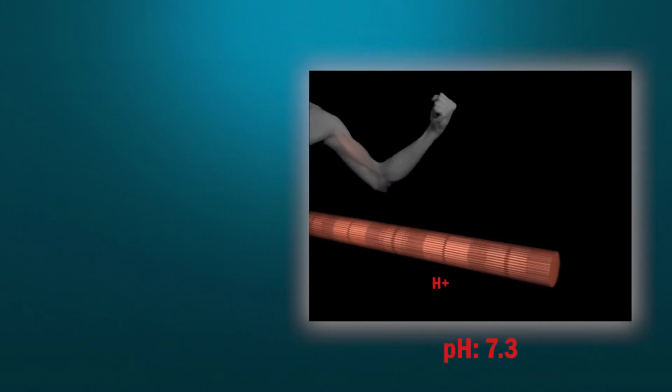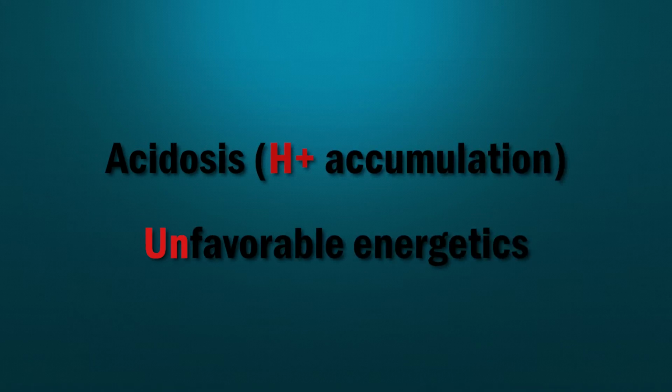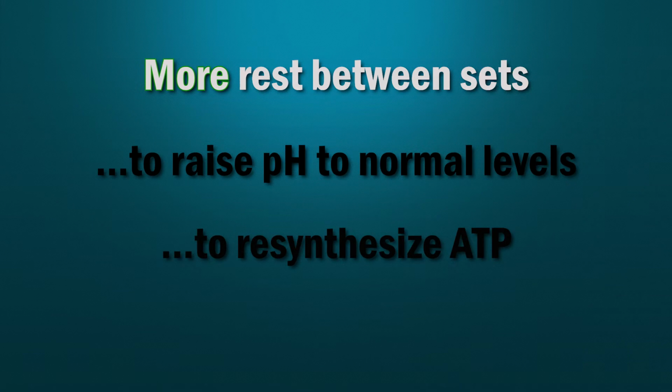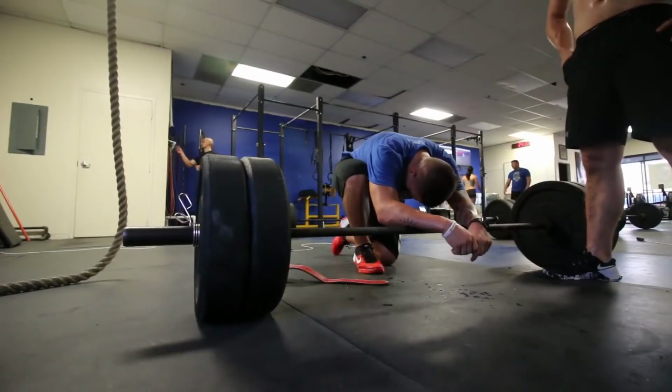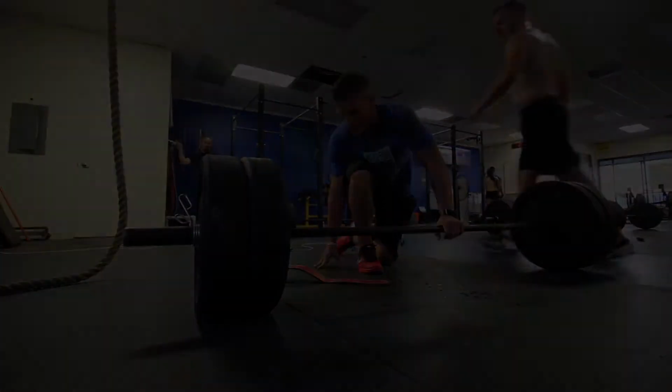This acidosis builds with each continuing repetition. Not only that, ATP is not as readily available. So, between increased acidosis and decreased energy in the muscle, it takes more time to raise the pH of the muscle and regenerate energy in the muscle. This is a major reason we breathe heavily after exercise, even short bursts.